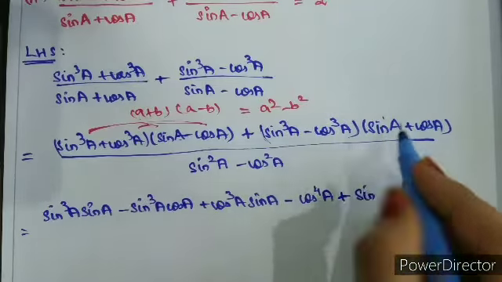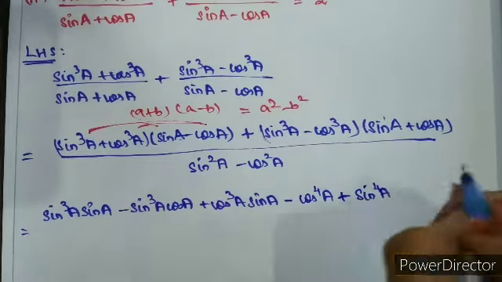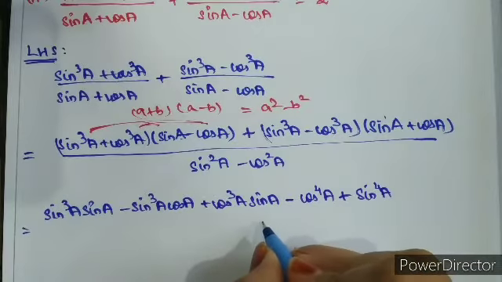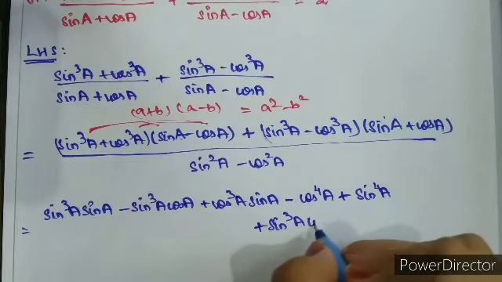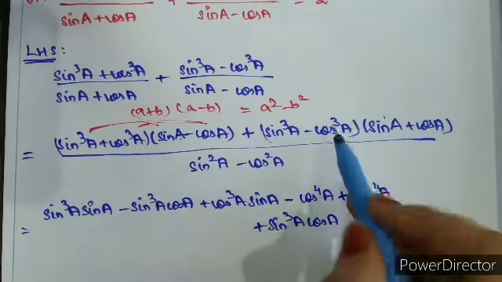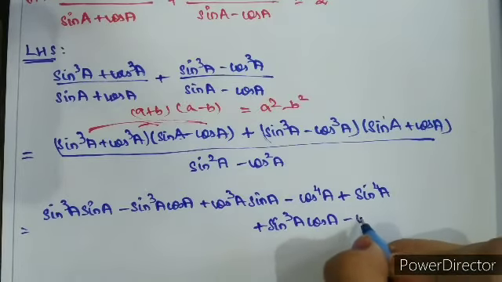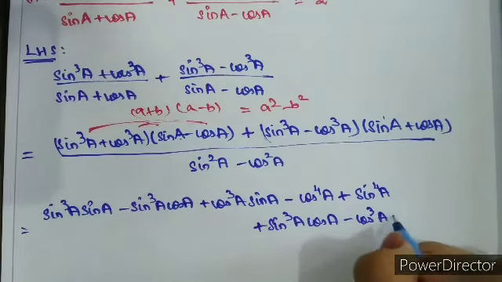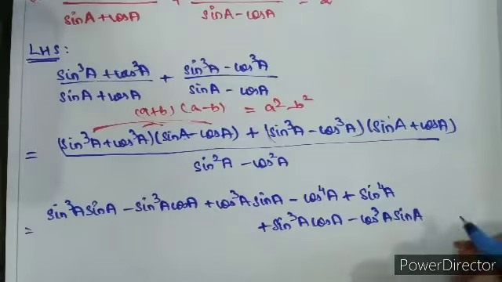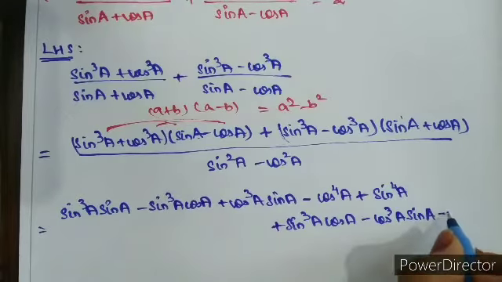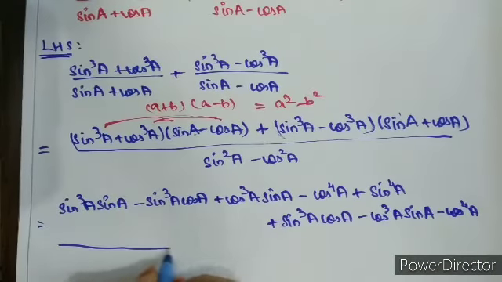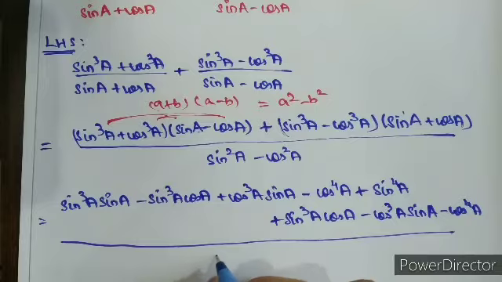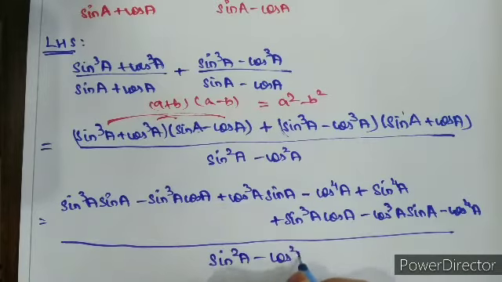We get sin cube A into sin A is sin power 4A, plus sin cube A cos A, and minus cos cube A sin A, minus cos power 4A, divided by sin square A minus cos square A.